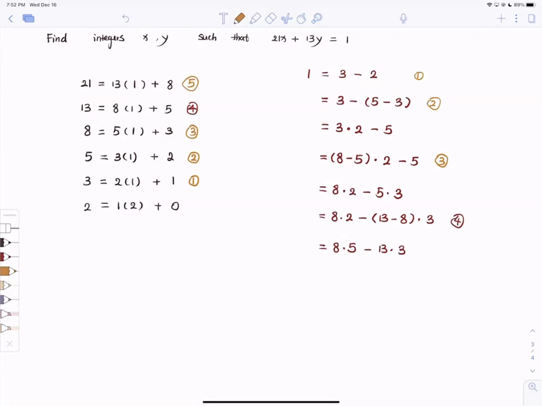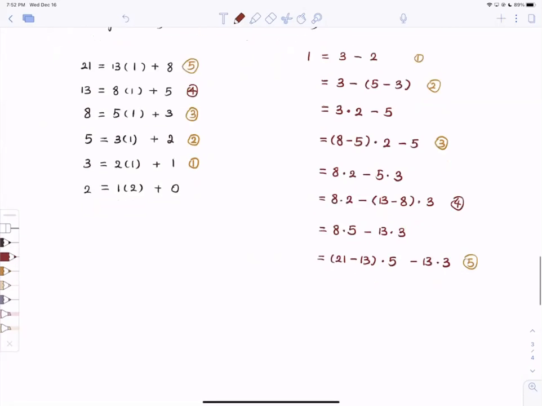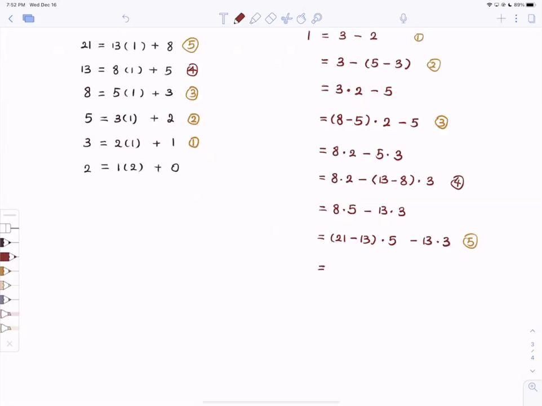Let's write 8 as 21 minus 13. This is step 5. Okay, and then open the bracket. So eventually you'll get 21 times 5 minus 13 times 5 minus 13 times 3, so minus 13 times 8.